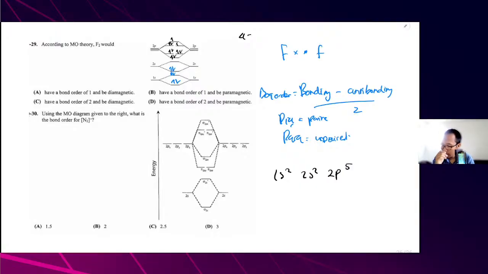That's true. So you will have 2p5. Okay. You will fill out everything over here, right? And then this way, 1, 2, 3, 4, 5. It will be like this, right?